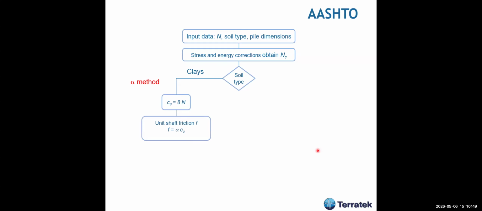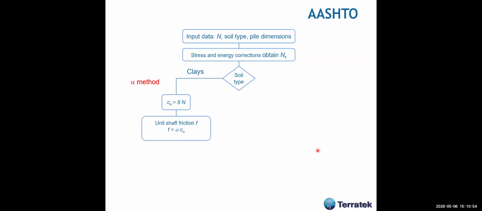Then you calculate the stress and energy correction to reduce the SPT value to a standard 60% energy. In clays, the standard prescribes the use of the alpha method, which is an undrained method, in which you calculate the undrained strength using a correlation like this, 8 times the value of N60, the corrected SPT.